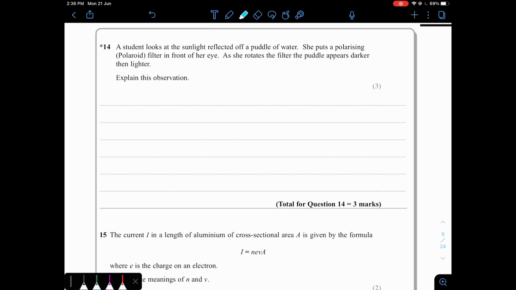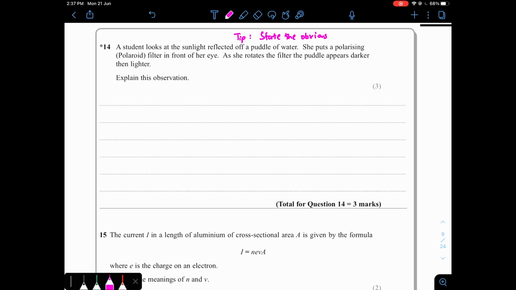Explain this observation. Okay, the tip for these types of questions that require explanation is you need to state the obvious. This will guarantee you marks, because they want you to state the obvious.